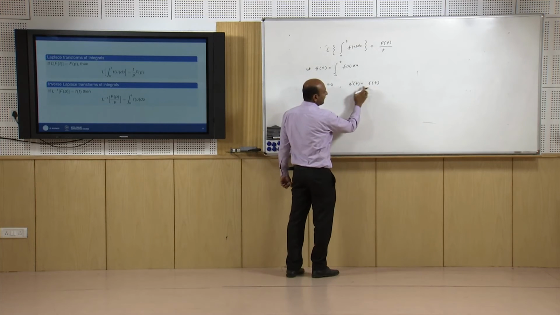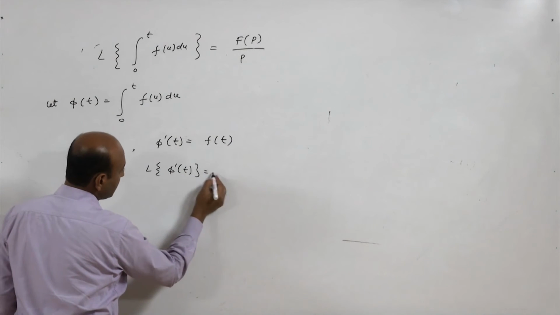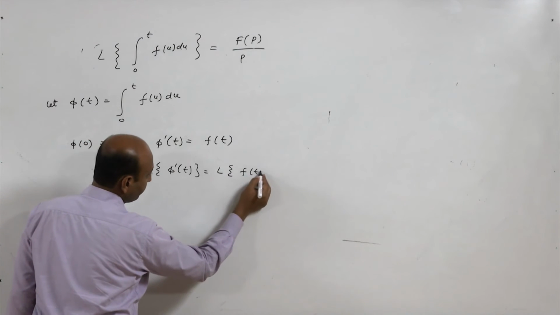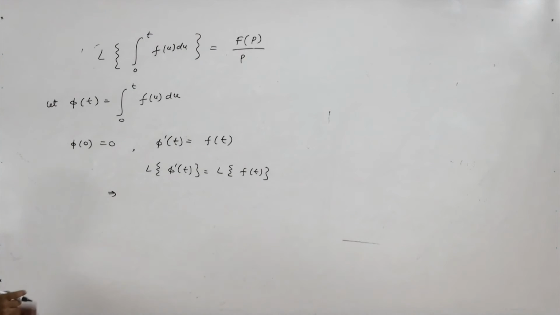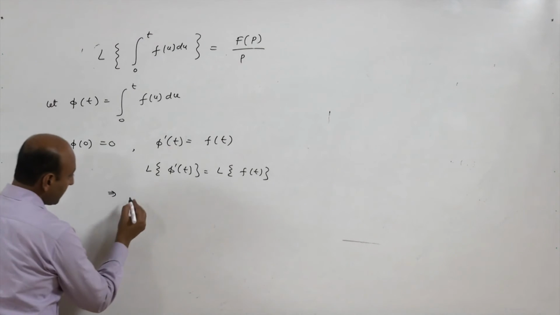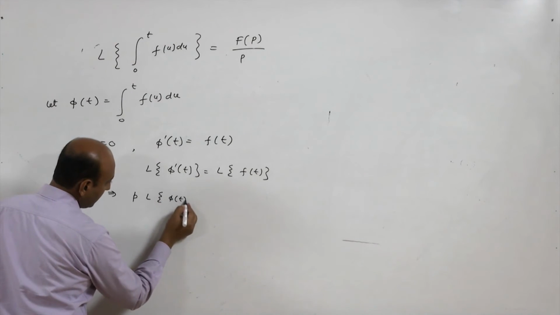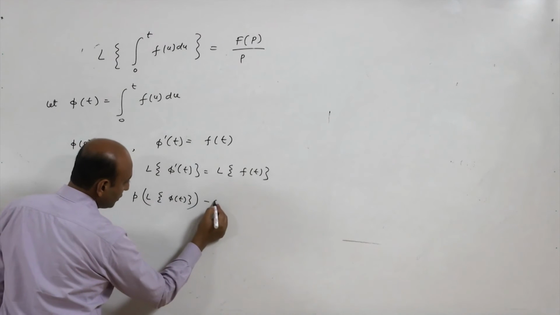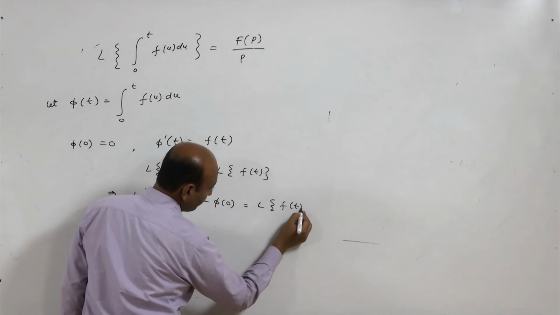Now, here you take Laplace both the sides. So, Laplace transform of phi dash t will be nothing but Laplace transform of f(t). But Laplace transform of phi dash t is nothing but p into Laplace transform of phi(t) minus phi(0), is equal to Laplace transform of f(t).